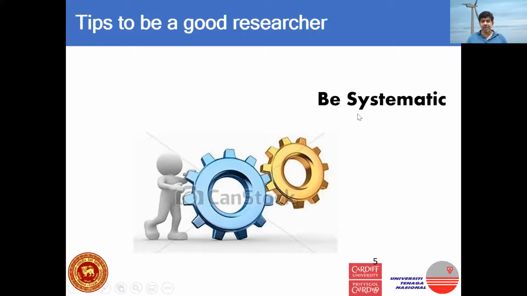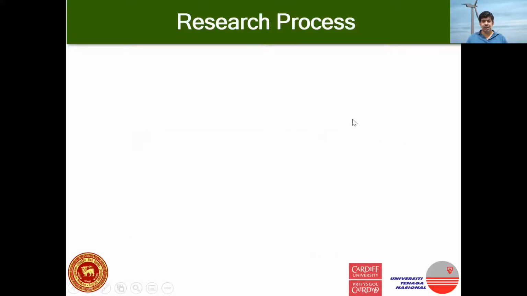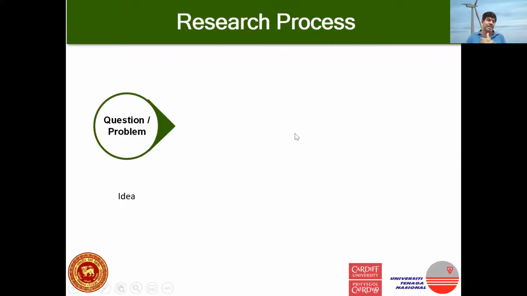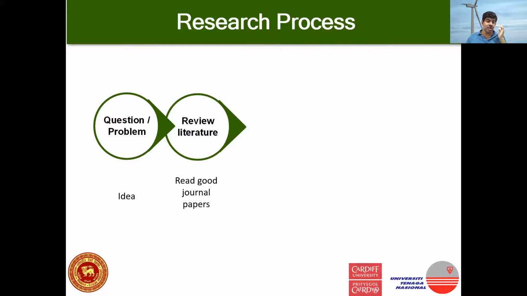So what do you mean by systematic? If you look at the research process, research is always originated by an idea. Then you convert that into some questions or problems. Then you do a thorough literature review to see what else people have done in this particular area, and then you read some good journal papers and refine your idea.